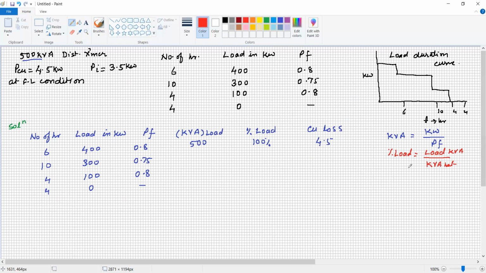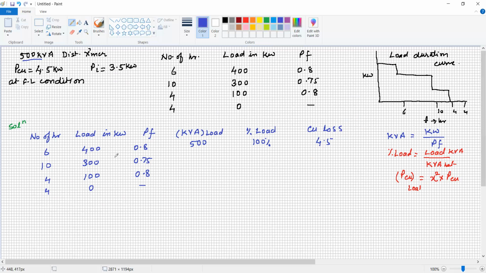Copper loss PCU at any load is equal to x squared multiplied by full load copper loss.